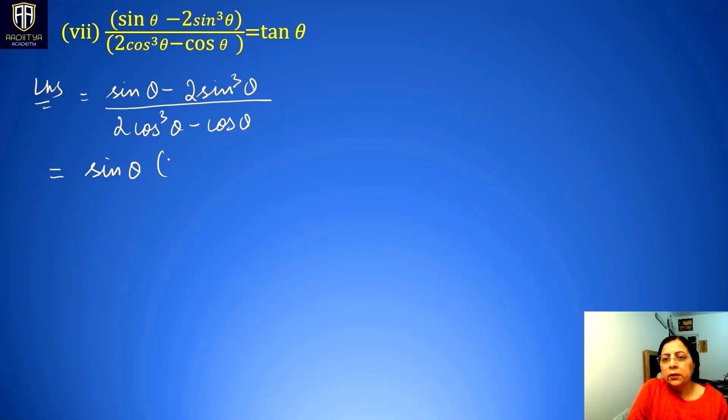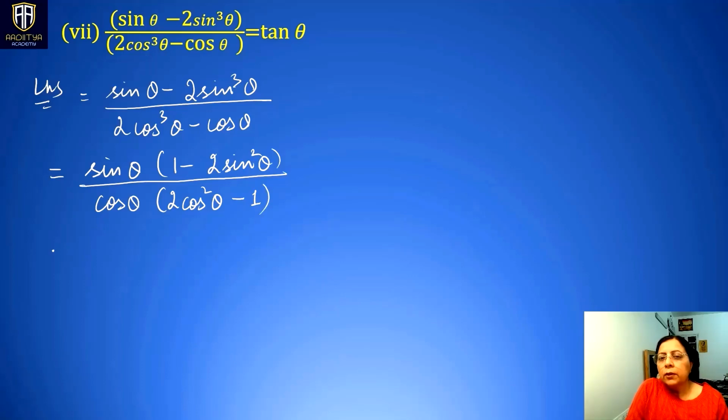When we take out sine theta, we are left with 1 minus 2 sine square theta, since one sine is reduced. In the denominator we have cos theta common to both the terms. We are left with 2 cos square theta minus 1, since out of 3 we have taken 1. Now this is a very good way.